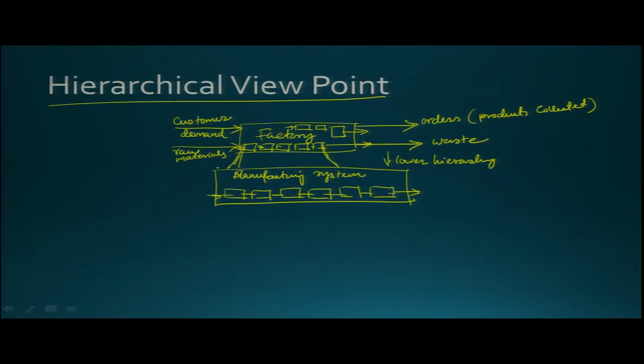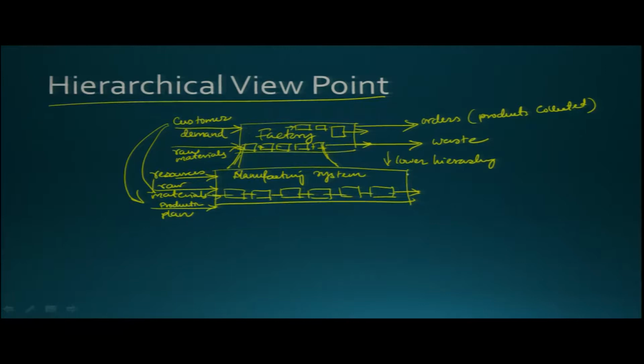Here the input is your resources, which include human resources, etc., and raw materials, or materials if you want to call it that way. Instead of the customer demand, you have a production plan. The customer demand gets translated to a production plan and the type of raw materials that need to be taken.